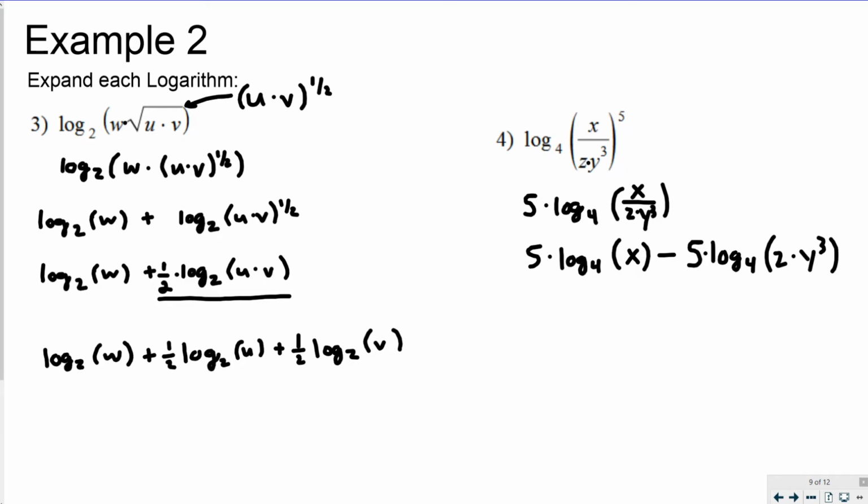Okay, so I'm going to need a bunch of space for this next line. After I have dealt with the quotient, now I need to deal with the product that's inside the second half only.